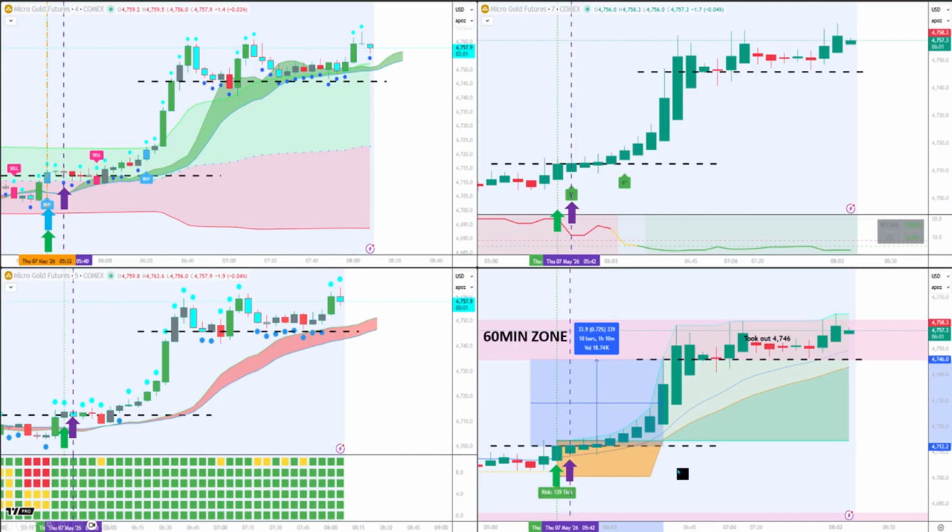But one thing we need to understand is there's a 60-minute zone in pink up there. This is generated by our technology that's actually been available for the TradingView and the NinjaTrader platform for a couple of years now. It's called the Guardian zones, and these are multi-timeframe support and resistance zones, and they're very sticky. They're institutional support and resistance zones.